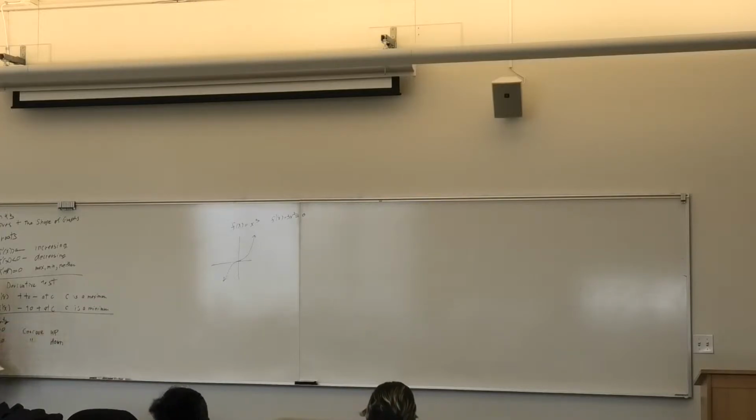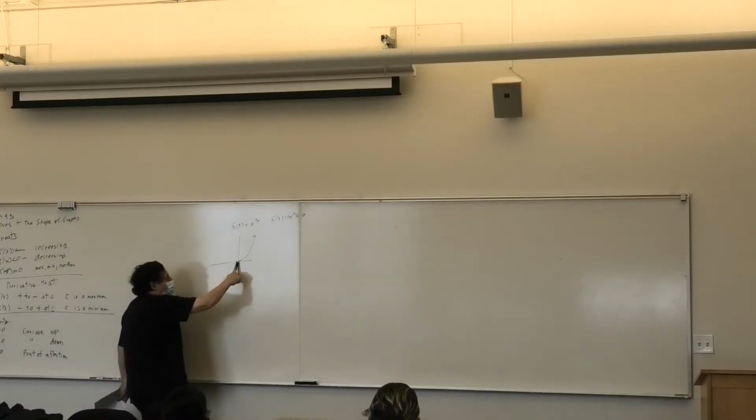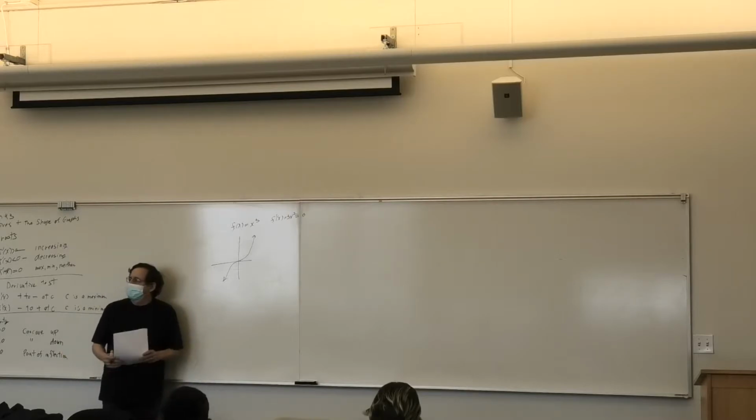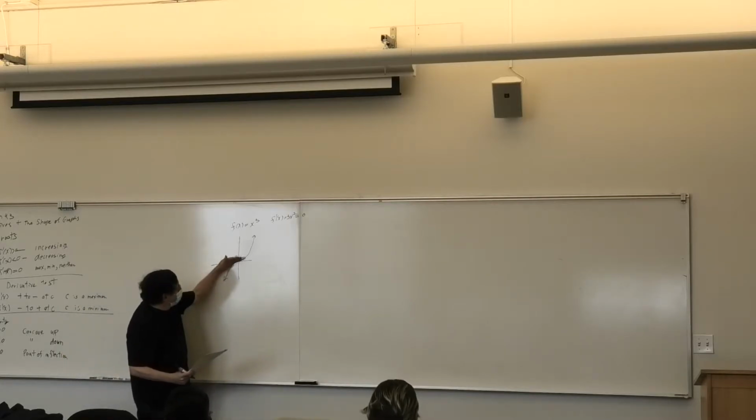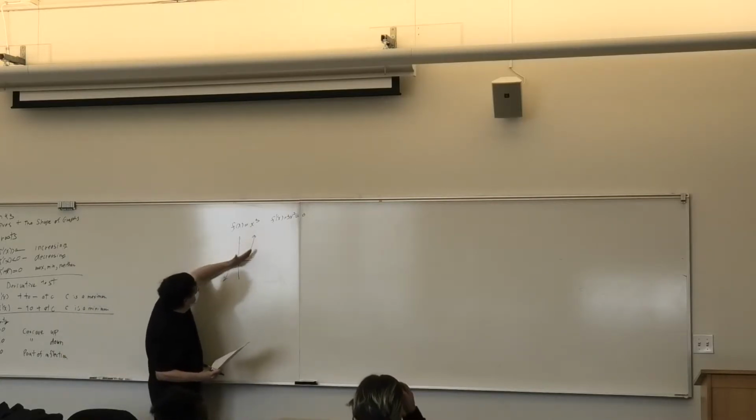And if the second derivative is equal to 0, we may have a point of inflection. There we go. That's a point of inflection. Here it's concave down. Here it's concave up.